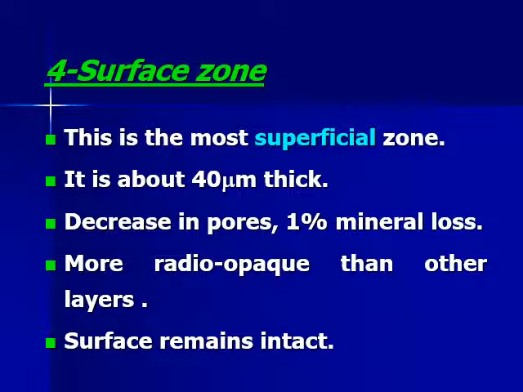And so this zone is the hardest, and in an X-ray, it's more radiopaque than the other zones. And since it is hard and has a lot of minerals in it, it remains intact for so long. Although there might be cavitation and caries underneath, this zone resists and remains intact for so long until we get the secondary enamel caries at the amelodentinal junction, and then it becomes undermined.